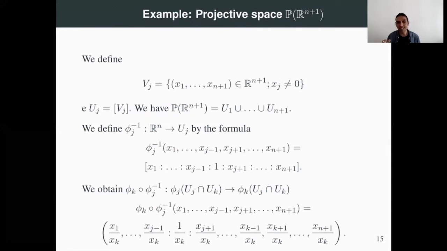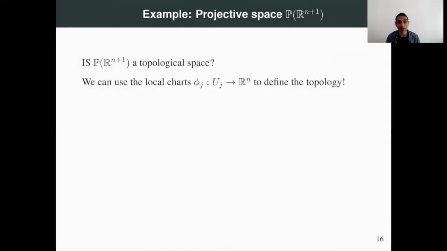There is just a very small problem, or not so small, depending on whether you can solve it. Is this space a topological space? Because if you take a look at our definition, we actually require the space to be a topological space and these maps to be homeomorphisms and so on, even before defining the structure of differentiable manifold.